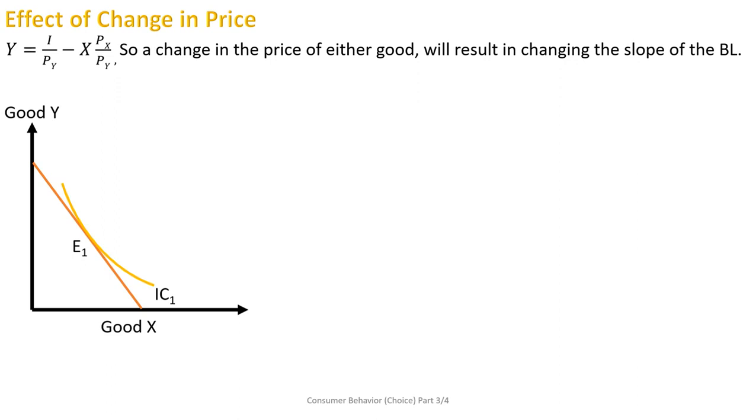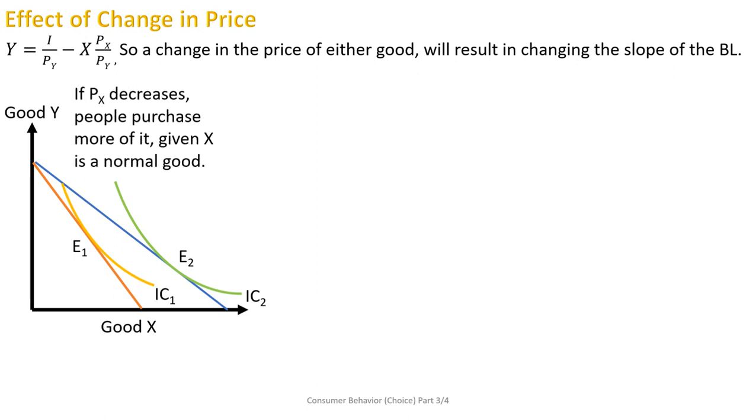Now let's assume that the price of commodity X decreased. This resulted in rotation of the budget line. It extended towards the x-axis, showing that now the consumer is able to purchase a greater maximum quantity of commodity X.